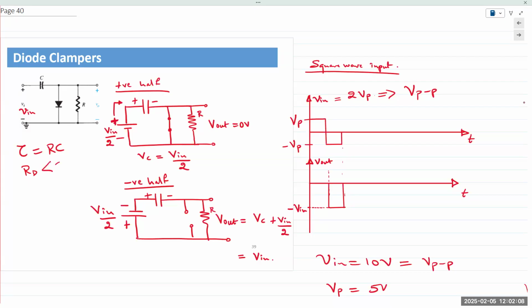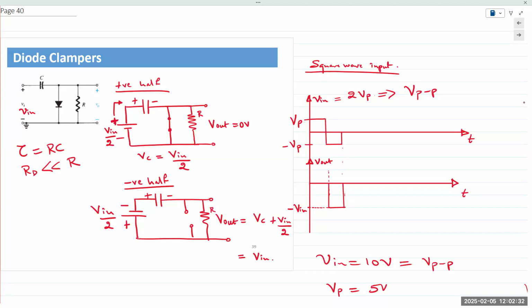RD would be far smaller than R. So it charges at a faster rate than it can discharge. Okay, so it's a good question. It's charging at a faster rate than when it is discharging. It's discharging at a very slow rate.